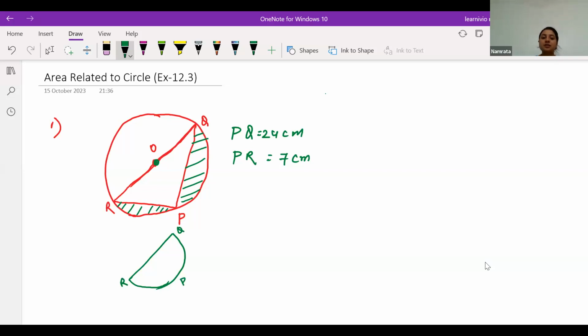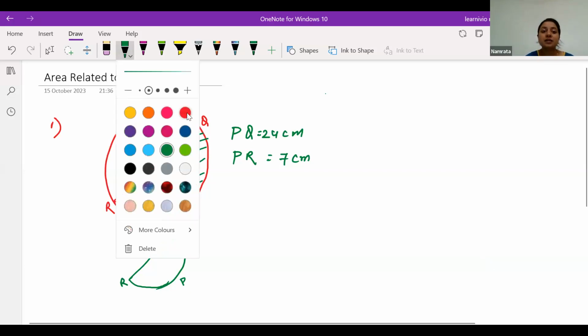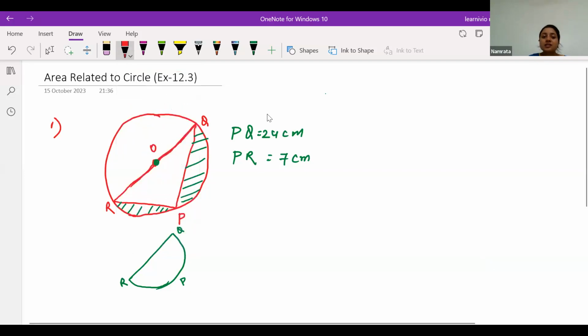It's a semicircle. And we know the angle subtended in a semicircle must be 90 degrees, right? So now we have to find the area of this shaded region.